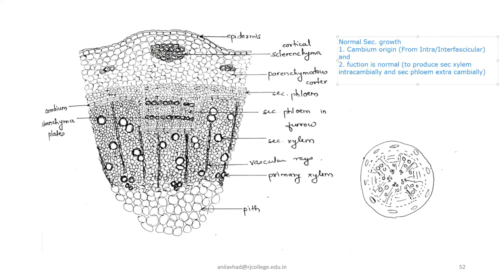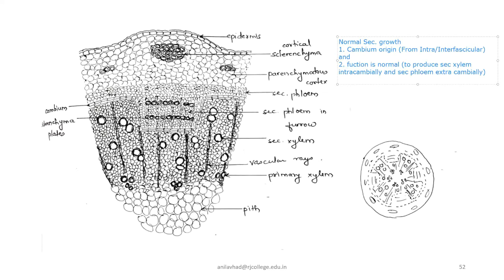So if we consider this secondary growth, this is not a normal secondary growth, it is abnormal secondary growth, because even though the origin of the cambium is normal, the behavior of the cambium is abnormal. But even if it is abnormal, it is helping the plant, especially Bignonia as a climber.